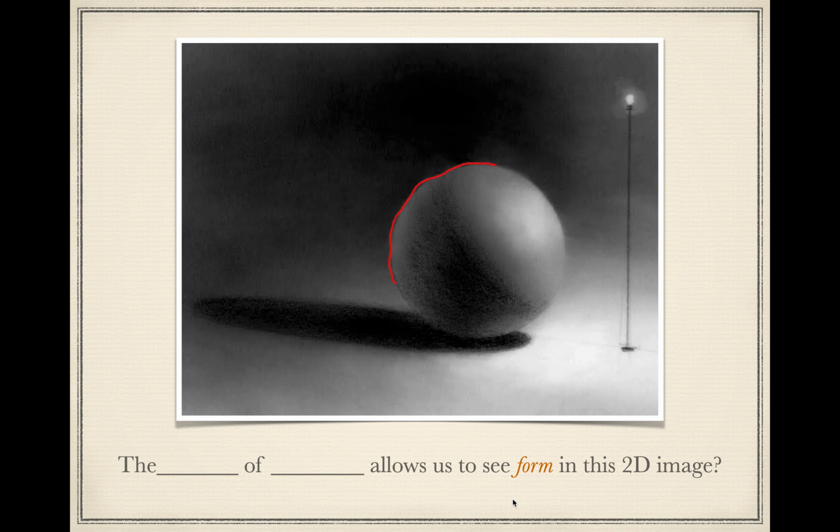So if we start with our shape right here, it's not the shape that gives it the sense of form, but it's the shape plus the contrast of values. So we have lighter values here, middle values here, darker values here. That allows us to see form in this two-dimensional shape. Now, if we took the contrast of values away, we start flattening out the space.